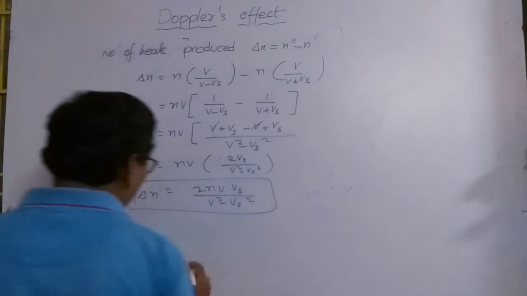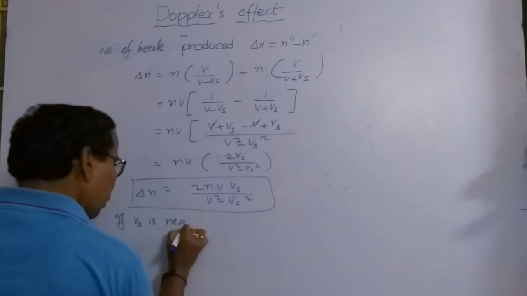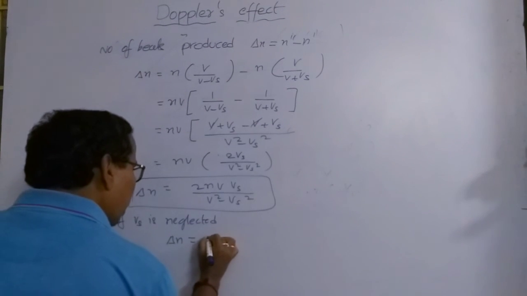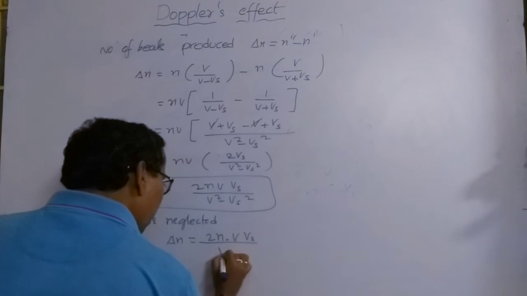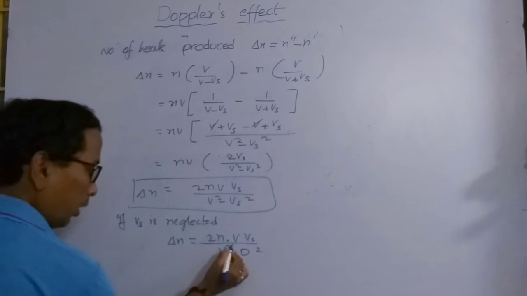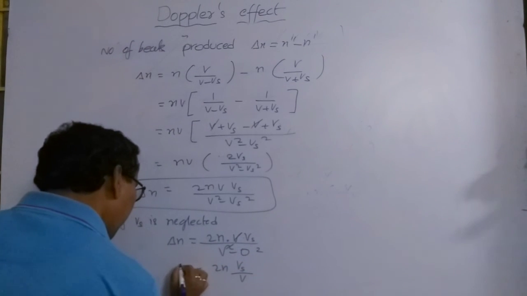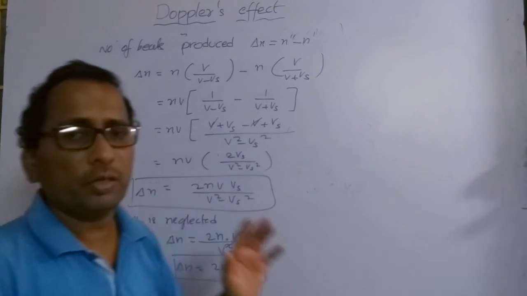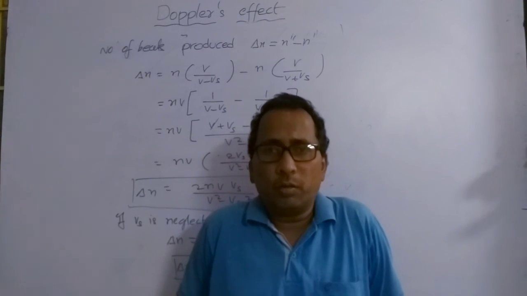That's why if Vs is neglected, then delta n is equal to 2n into V into Vs by V square minus 0 square. Then V cancels: delta n is equal to 2n into Vs by V. This is a very important formula. Number of beats produced is 2n into Vs by V.